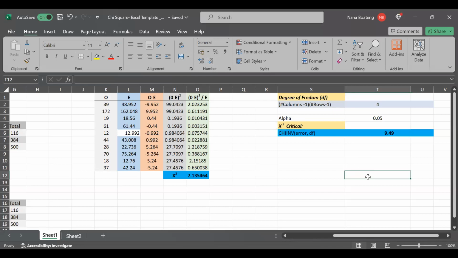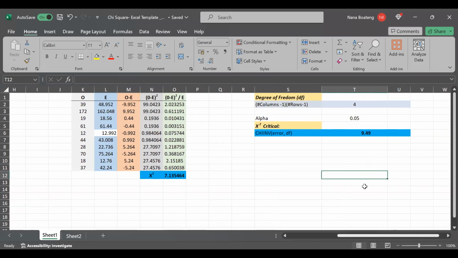Once we know this, you compare it with the chi-square that we calculated, that is 7.1. It is within range. Therefore, it does not differ significantly, and we fail to reject the null hypothesis.